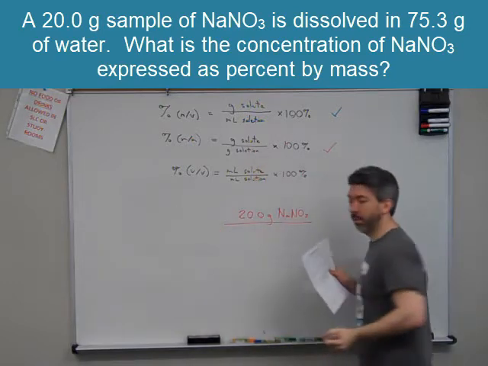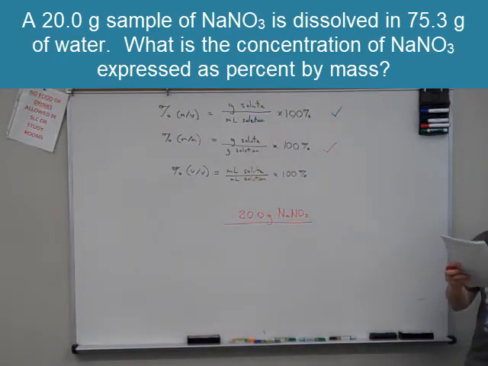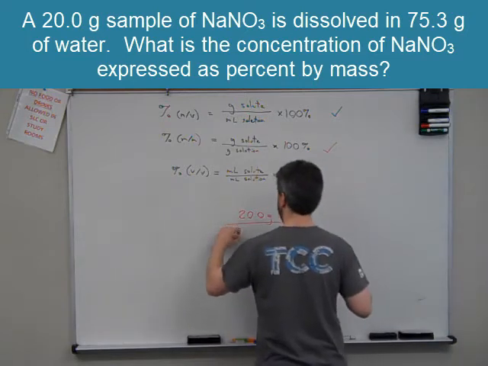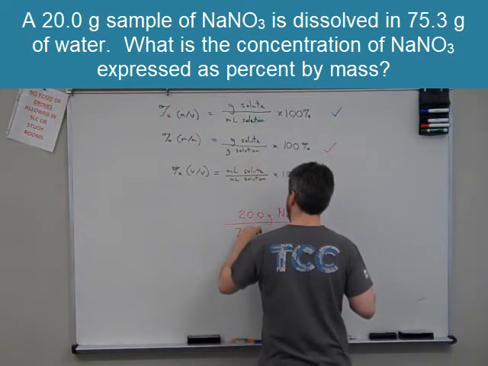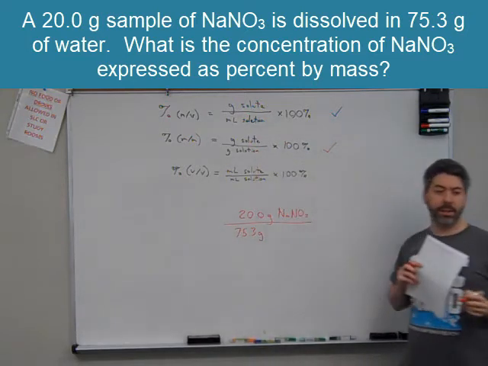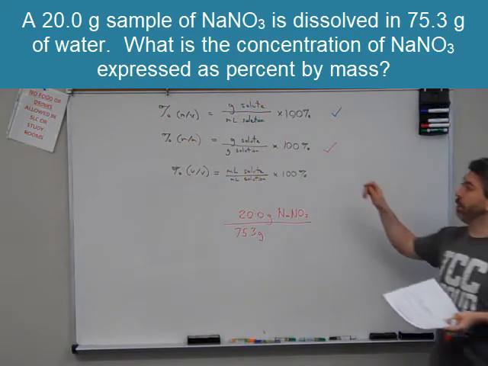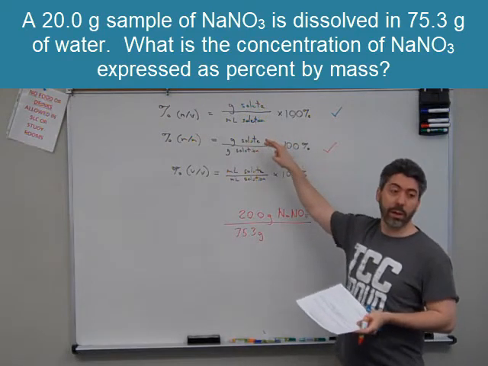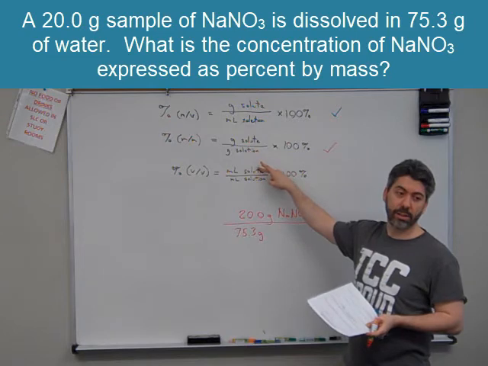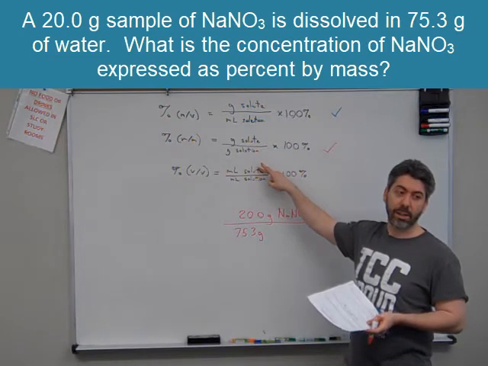What's going to go on the bottom? 75.3? Actually not. Hold on. Because remember, the equation is grams of solute over grams of solution. But your water is not the solution.